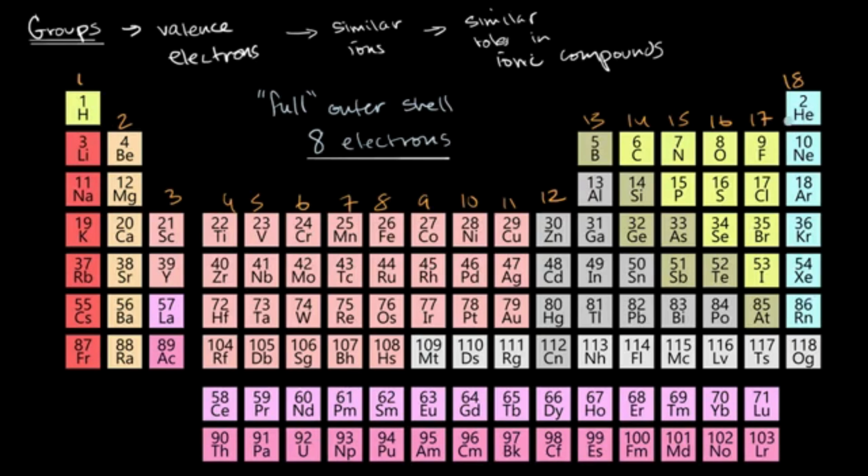Now, if we go one group to the left of the noble gases, we get to the halogens. Now, the halogens have 7 valence electrons. So you can imagine they're only 1 electron away from having an electron configuration like the noble gas to the right of each of them. So these halogens right over here, these really like to attract electrons to form a negative ion or an anion.